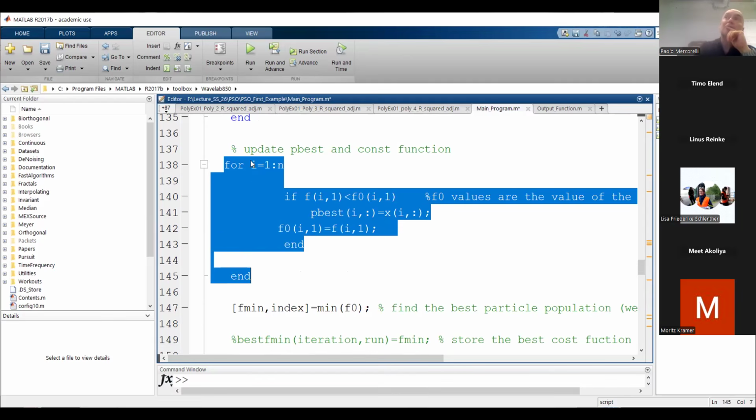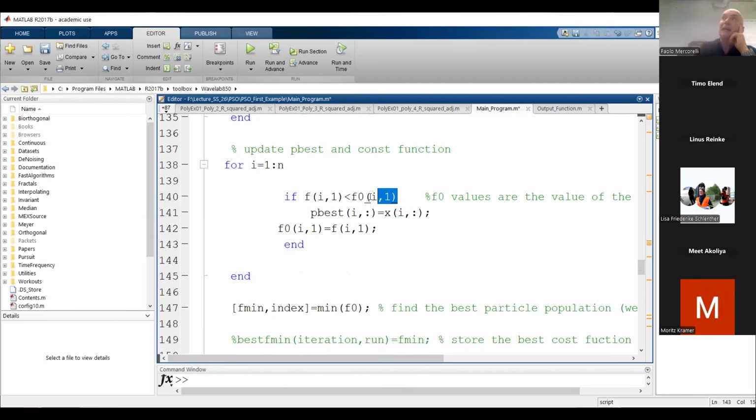And then very important is a for loop from here to here with an if inside. What I'm doing here, let me say, I ask if the new value of the function, calculated at the new position of the swarm, is less than the old one.